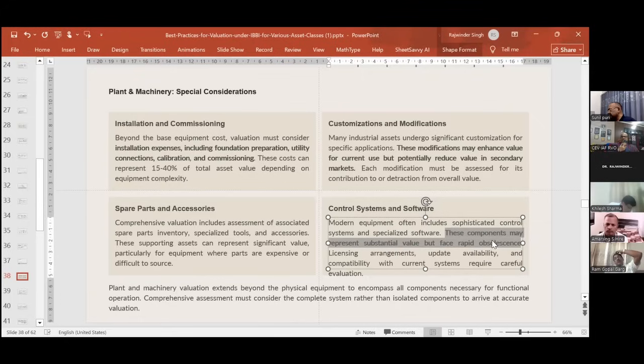So licensing arrangements, update availability, and compatibility with the current system must be checked. Plant and machinery valuation extends beyond the physical equipment to encompass all components necessary for functional operation. A comprehensive assessment must consider the complete system rather than isolated components to arrive at a valuation.